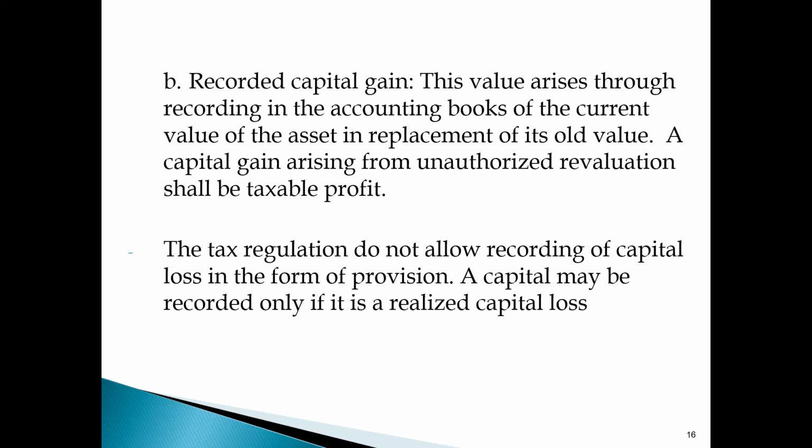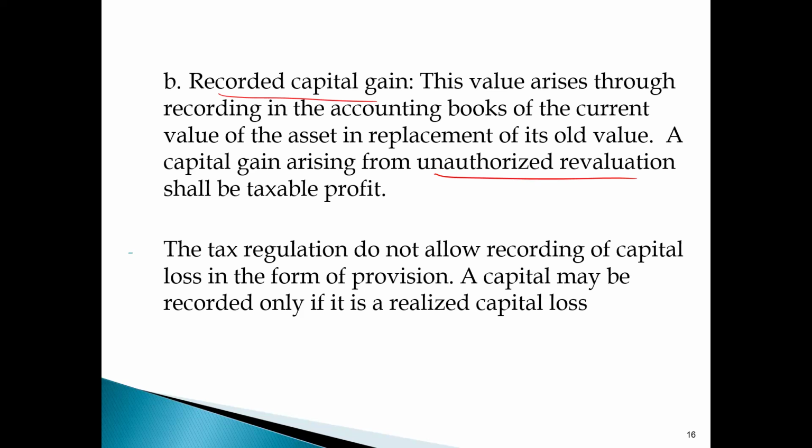And another point is recorded capital gain. Recorded capital gain is the value arising through recording in the accounting books the current value of the asset in replacement of its old value. A capital gain arising from an authorized revaluation shall be taxable, so it shall be subject to tax on profit if you do what we call an authorized revaluation.